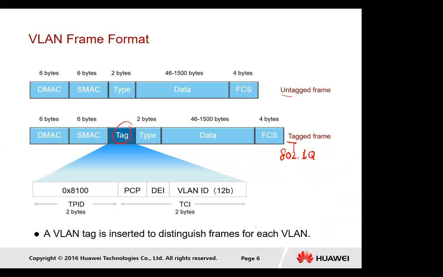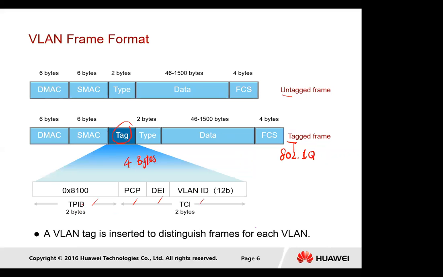The tag is placed after the source MAC address. In total, the tag is 4 bytes. Within the 4 bytes, we have the TPID, PCP, DEI, and also the VLAN ID.